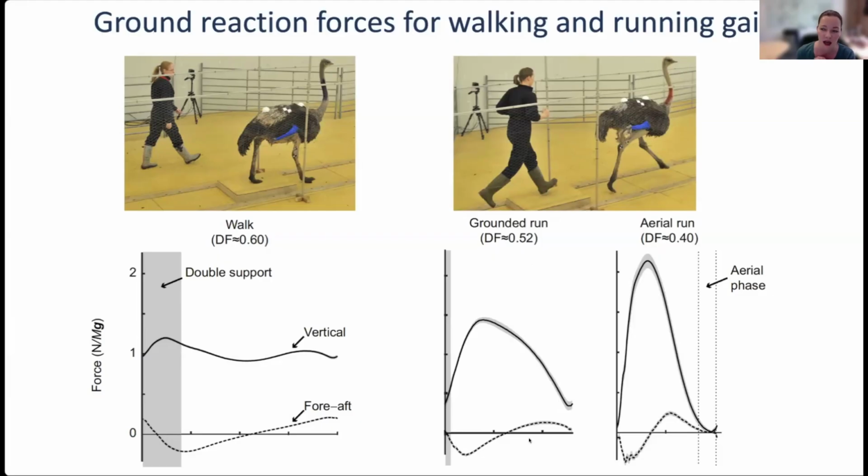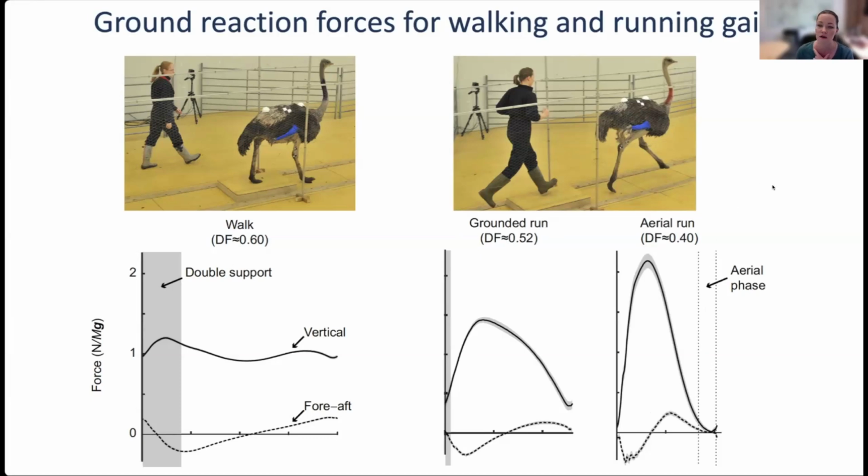But in any case, the points to highlight here are that the peak forces increase with speed in a very predictable way that relates to the magnitude of forces required to support body weight and the duty factor associated with that gait pattern, okay?